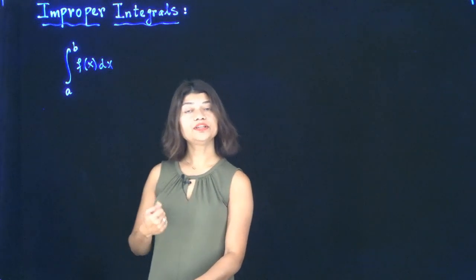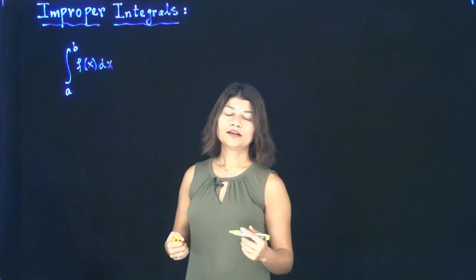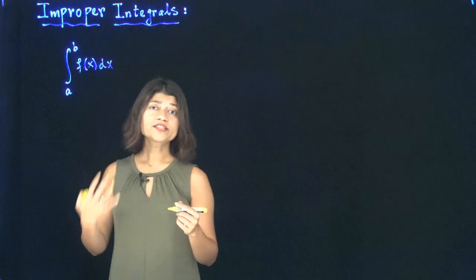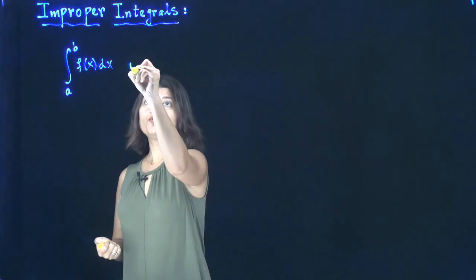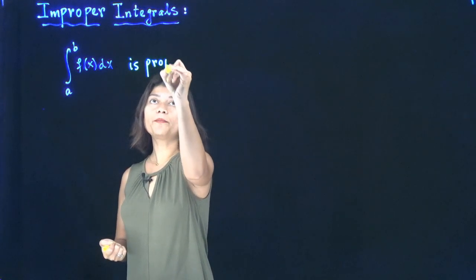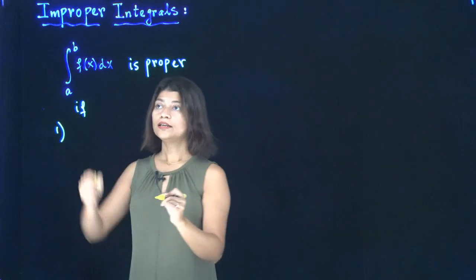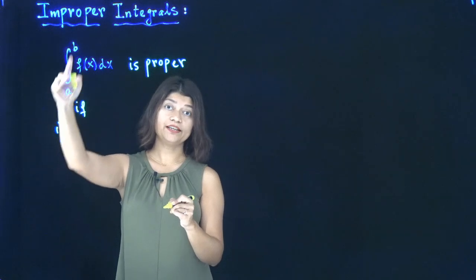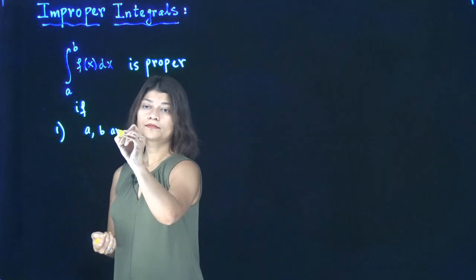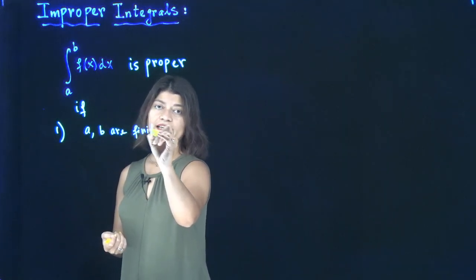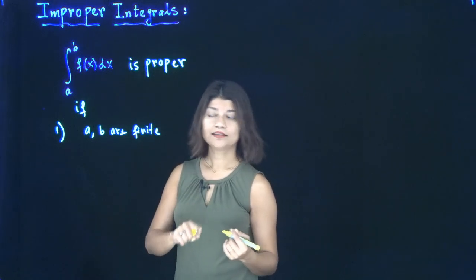In order to use that fundamental theorem, we actually make some assumptions that we don't even realize. We assume that the integral that we are evaluating is a proper one. So what does it mean that this integral is proper? It is proper if two things happen. One, the numbers that we are integrating between, the a and the b, the limits, are finite values, like some real numbers, which means they are not infinity.